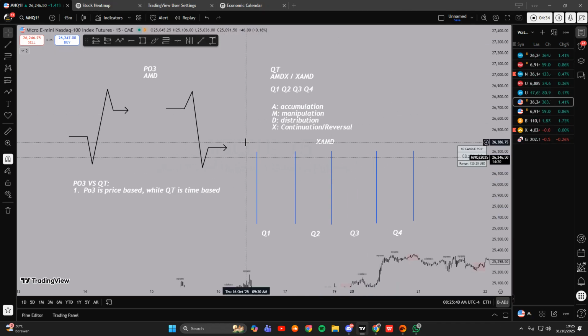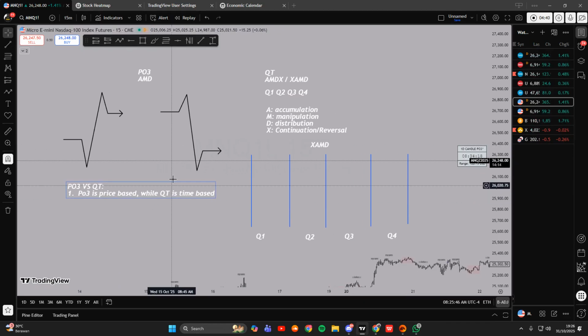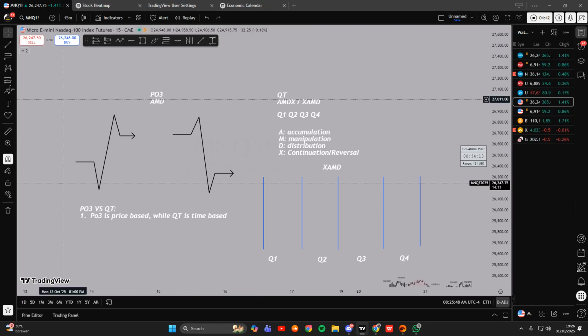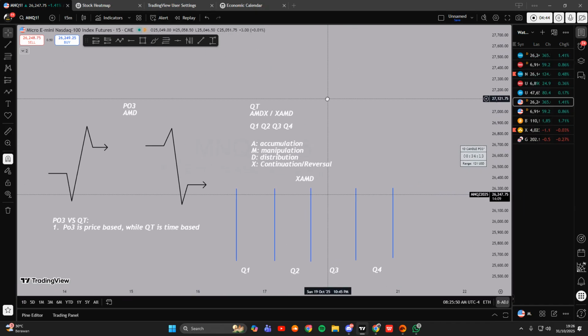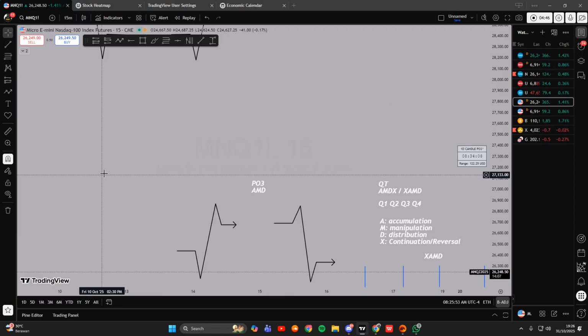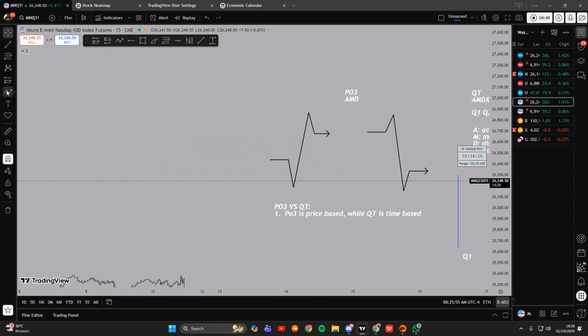So what's the difference between quarterly theory and PO3? PO3 is price based while quarterly theory is time based. The best way I can explain this is market maker models. Market maker models revolve around PO3 and its idea basically.